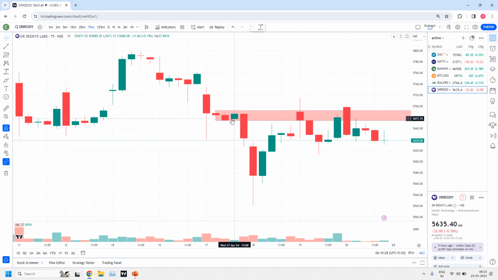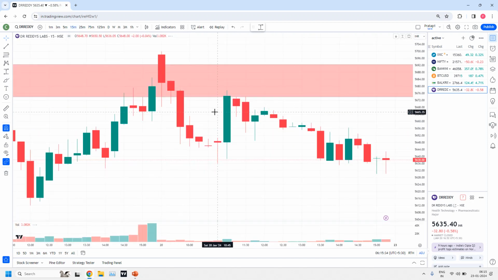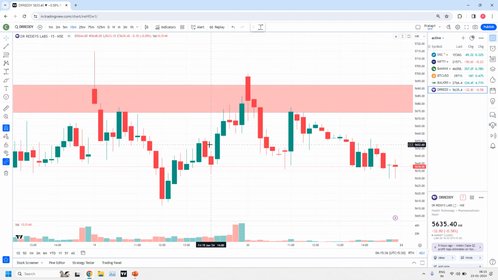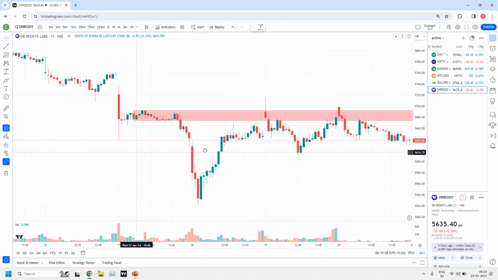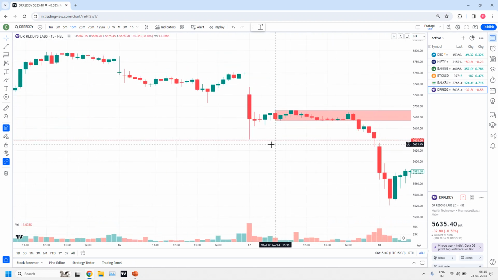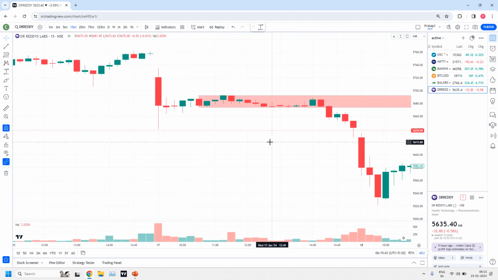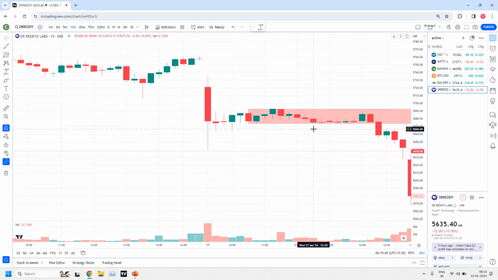So what I did: from 75 minutes, the next time frame is 15 minutes. I changed the time frame to 15 minutes, and inside this zone, I wanted to draw the 15-minute zone. But I didn't find any 15-minute zone. See here, all these are base candles: 1, 2, 3, 4, 5, 6, 7, 8, 9, 10, 11, 12.